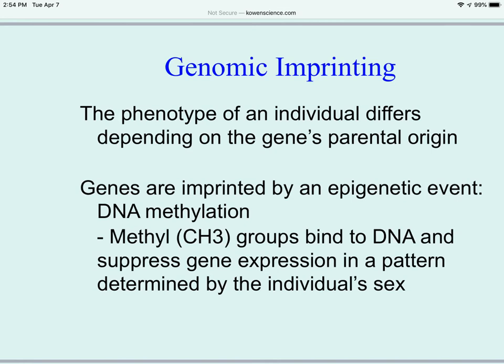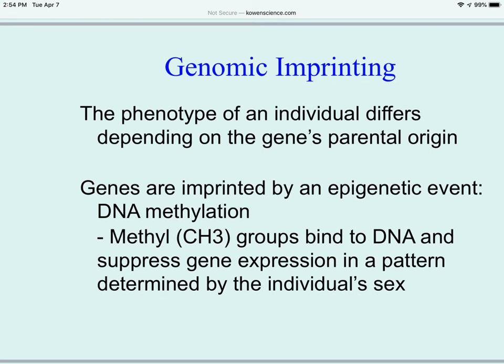So genomic imprinting, when we look at this, the phenotype of an individual is going to differ depending on what genetic traits they received from their parent. Genes in genomic imprinting are imprinted by an epigenetic event called DNA methylation. A methyl group, which is just CH3, binds to the DNA.